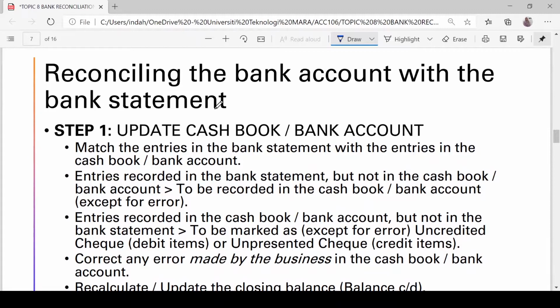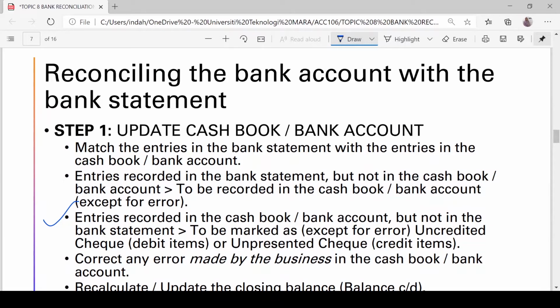I'm talking about the second one: entries recorded in the cash book or bank account but not in the bank statement. We are going to mark the item as uncredited check, or unpresented check.